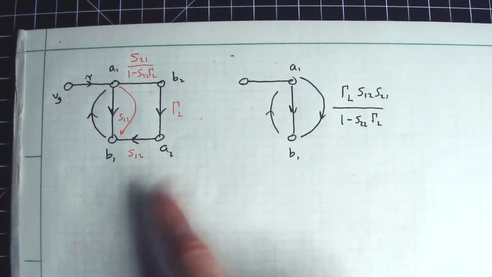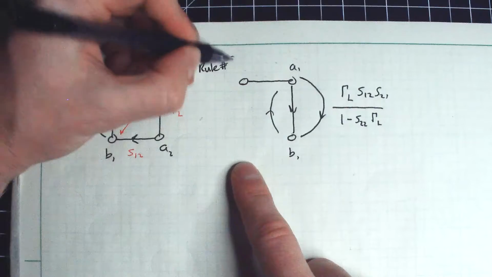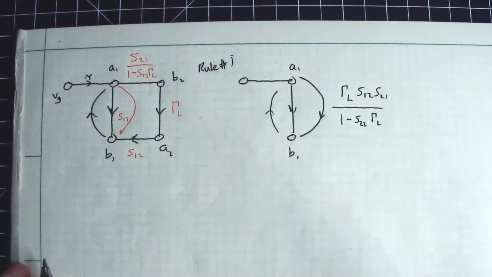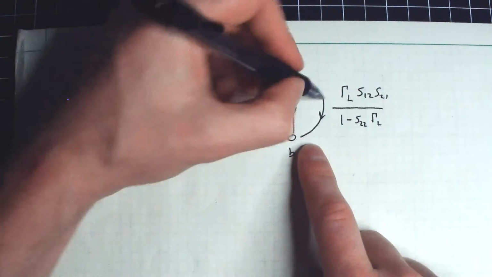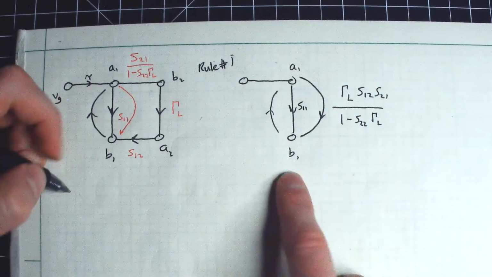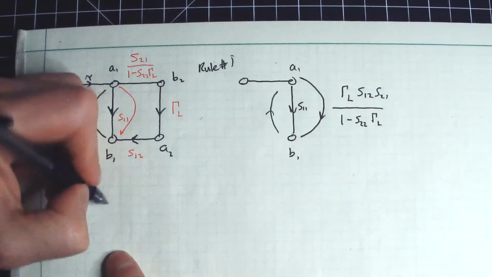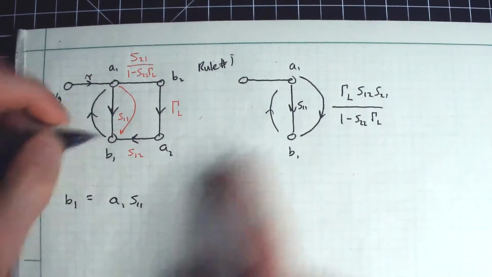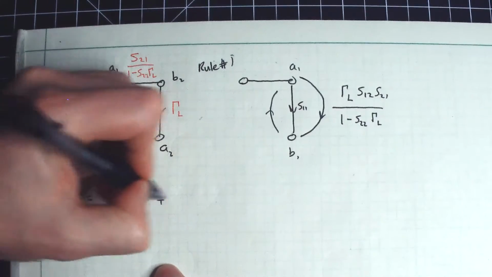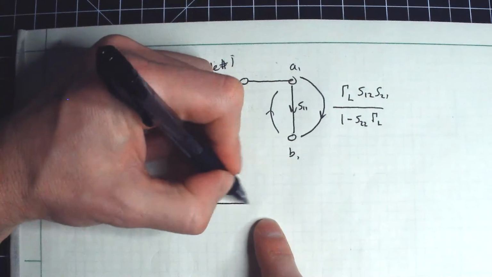So finally, that was rule number 1, basically, right? And then, of course, we can now apply rule number 2, which is the parallel. Here's S11. So in the end, what you basically have is something like the following. B1 is equal to A1 times S11. So I just add these two together, plus A1 times this big monster over here.